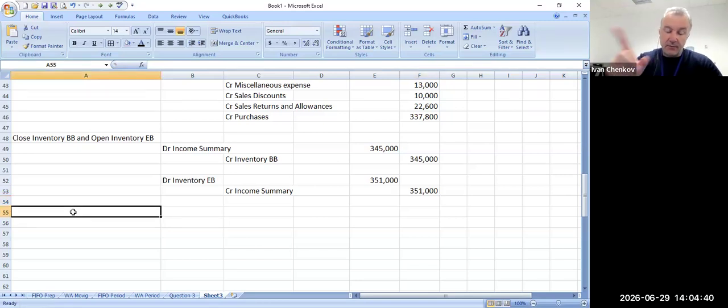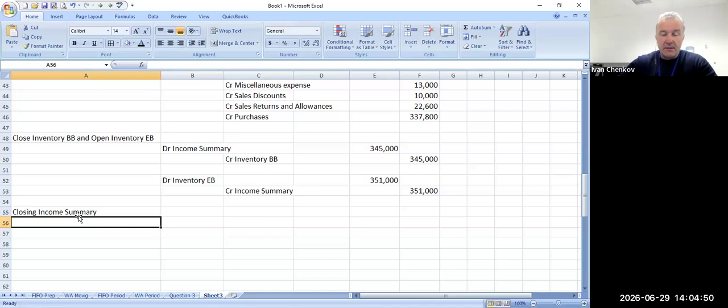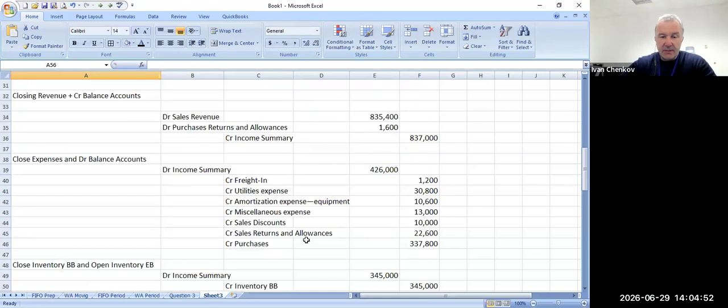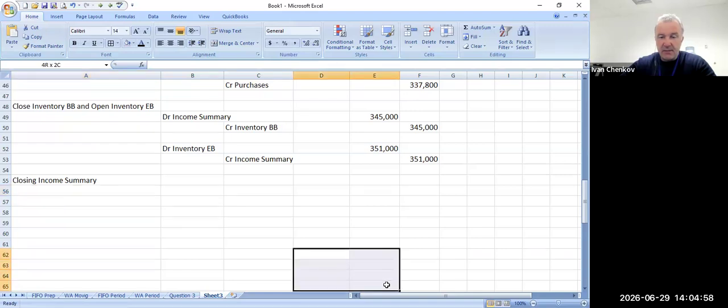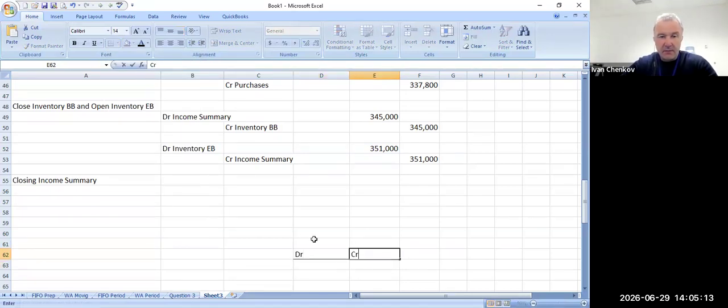The one more thing left is closing income summary. What we have to do for the income summary? We can open the income summary account and see what's debit and what's credit there. This is debit, and this is credit.